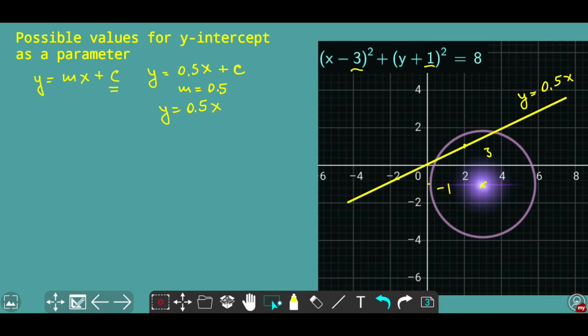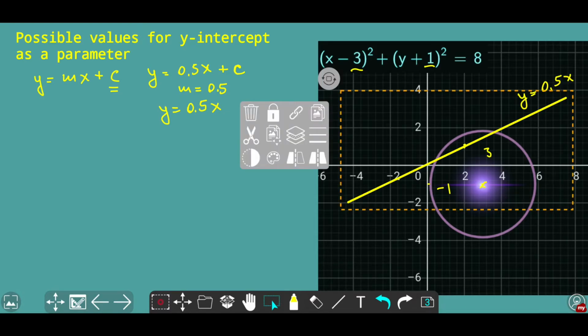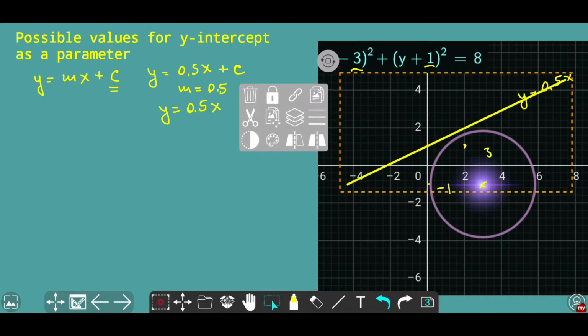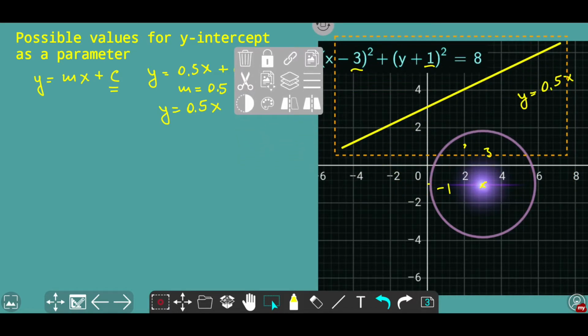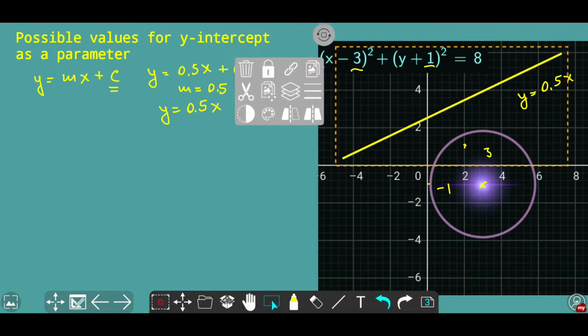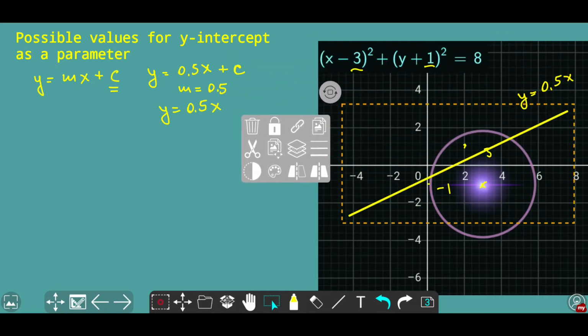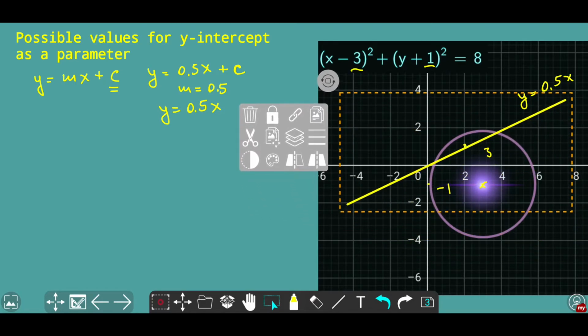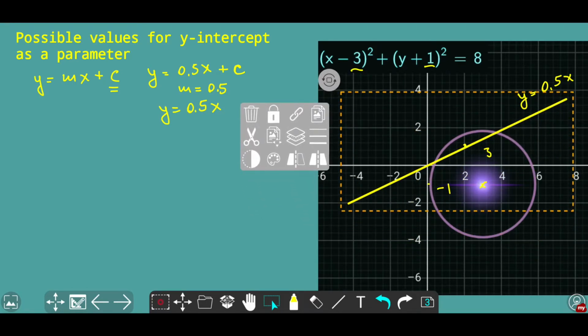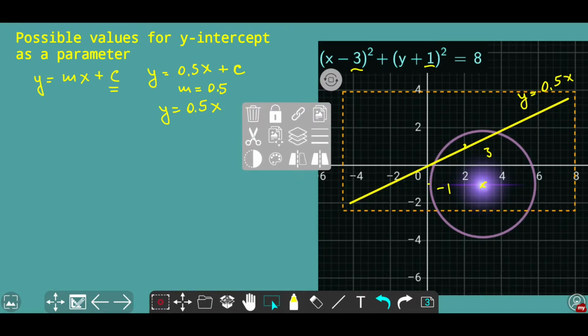And what I'm going to do right now is play with the parameter c. I can lift the line by c units up from the basic line, from the origin, and I also can put this line down. You understand that in this case, because the gradient is given as 0.5, the gradient is fixed, and you can play with the c value.